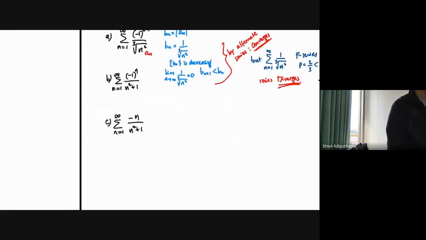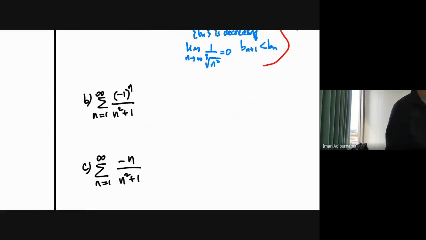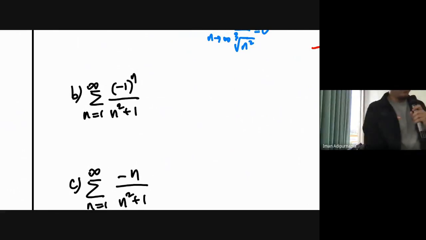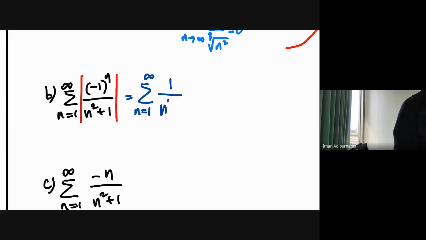Okay, number B, let me move down here. (-1) to the power of n, that's the alternating sign. If we take the absolute value, it will be equal to 1 over n squared plus 1.